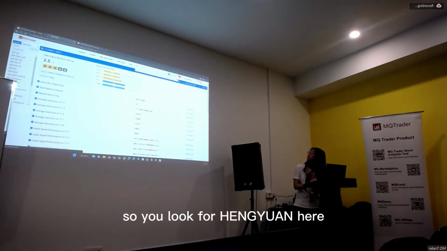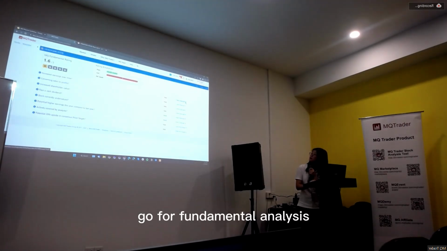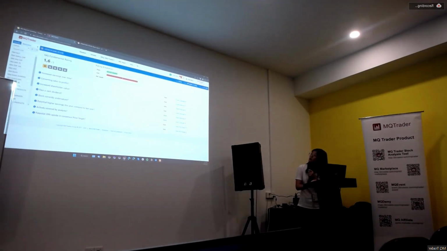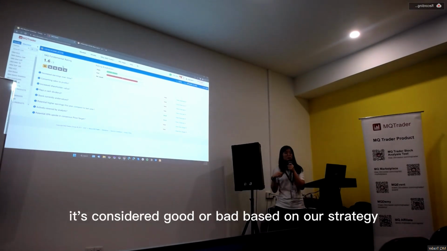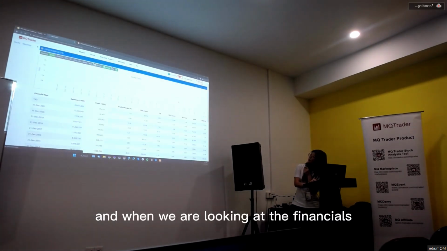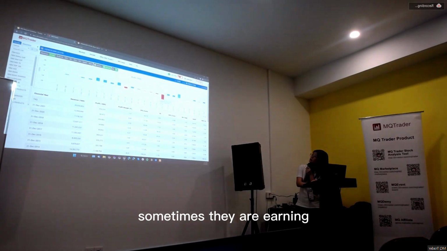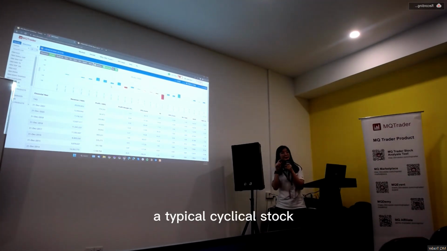So you look for it again here. Go for fundamental analysis. It shows 1.6. It's considered bad based on our strategy, so it is a stock that we want to avoid. When we look into their financials, sometimes they are earning, sometimes they are not. So this stock is actually a typical cyclical stock.